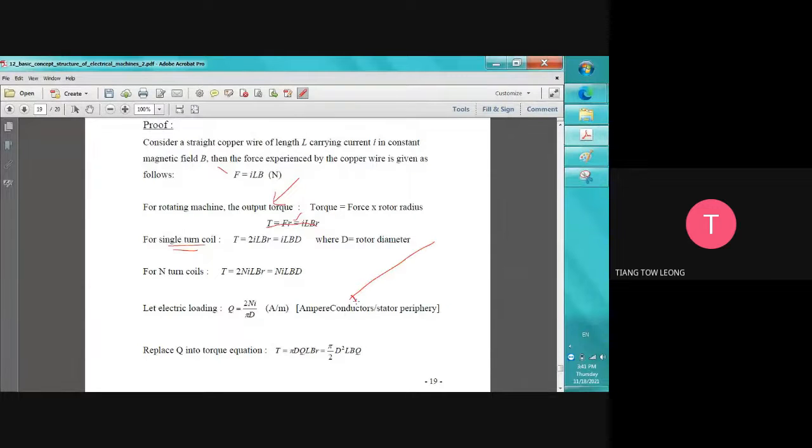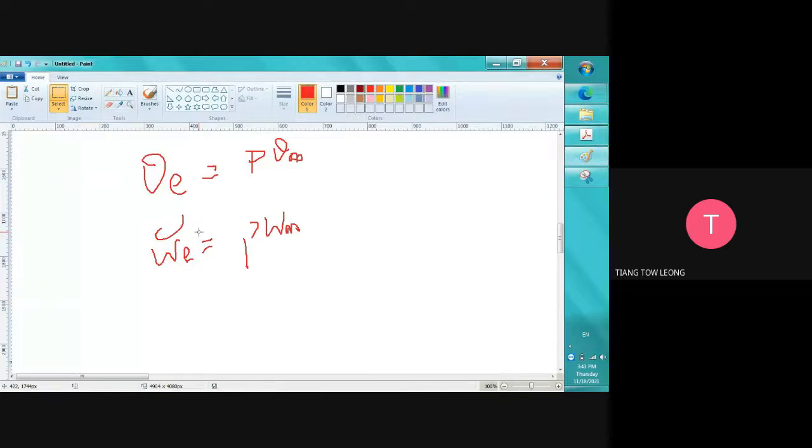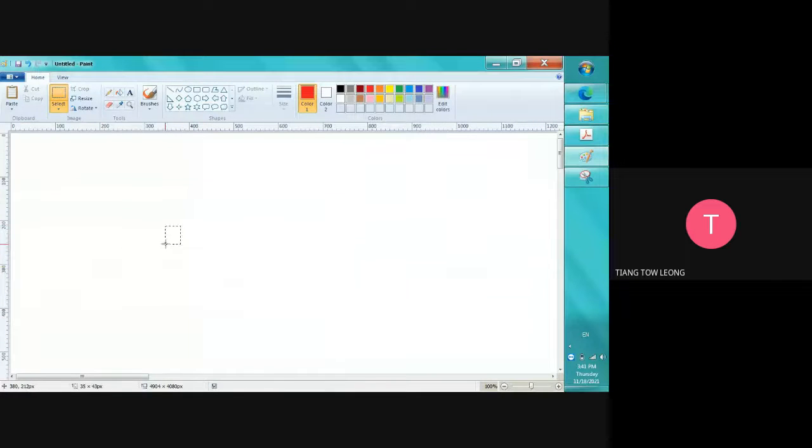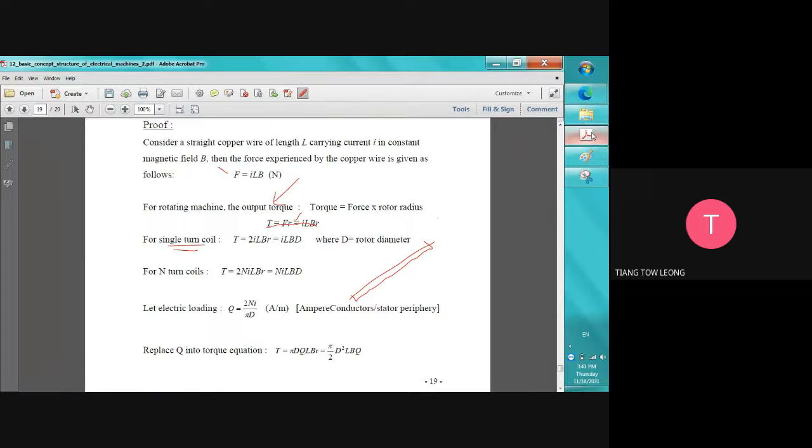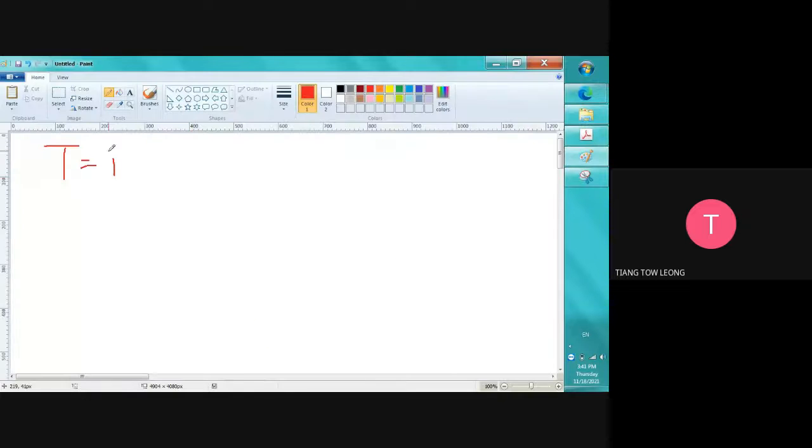If we consider one coil, let me draw here. Just now the torque equals ILBR, and this is for one conductor, which means the conductor goes like this only.